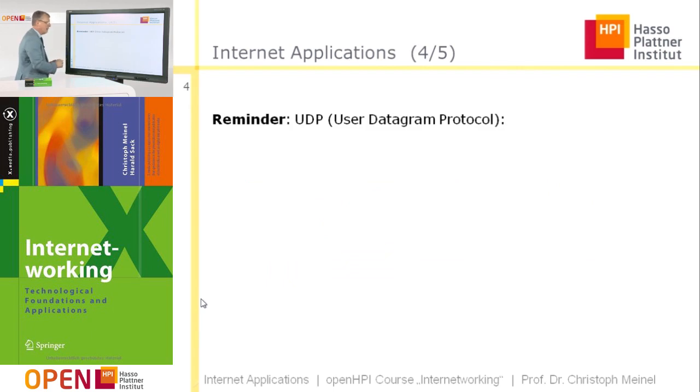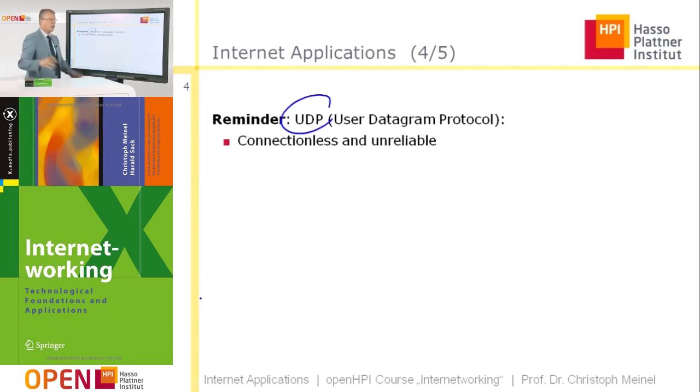Now you remember also that besides the TCP protocol, we have another much simpler protocol on the transport layer, and this was the UDP protocol, the user datagram protocol. It was a very simple protocol. It was connectionless.